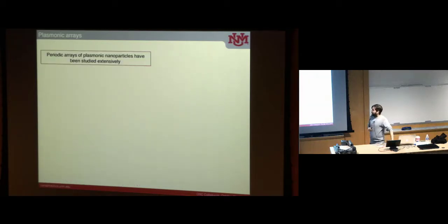Then these lattice resonances have been used a lot in the past for many interesting applications because they have an advantage compared with usual plasmons, which is that they are very narrow. One of the biggest problems with plasmons is that they tend to have a lot of losses, and therefore the resonances tend to be very broad spectrally.